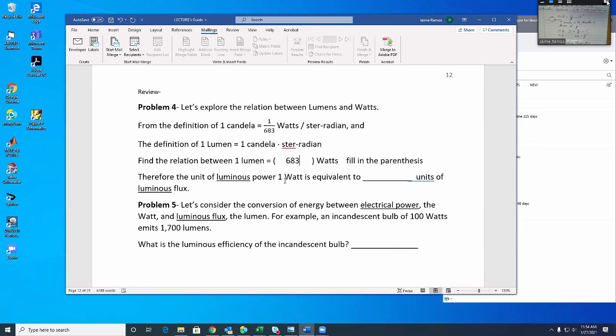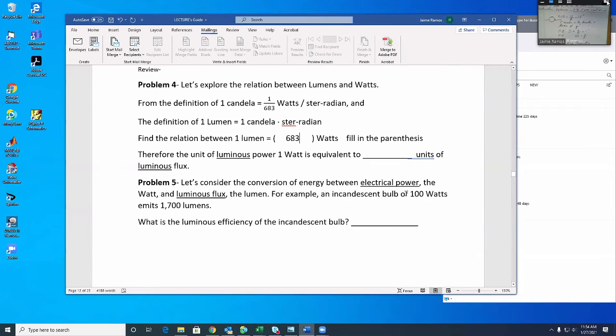Now here in problem 5, for example, it says an incandescent bulb of 100 watts and 1700 lumens. The luminous efficacy is 1700 divided by 100, right? Equals 17.